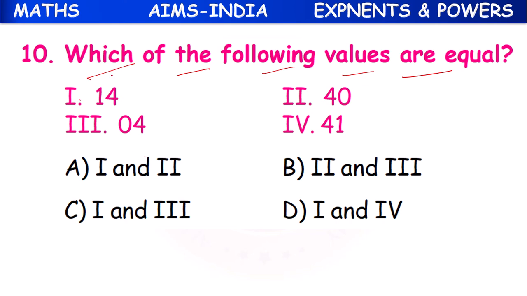Roman number 1 they have given here, 1.14. Sorry children, there is some mistake in the question. You can omit this question, children. No need to consider this question. There is some print mistake.